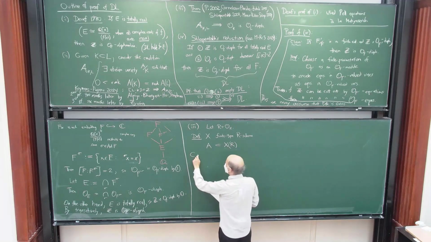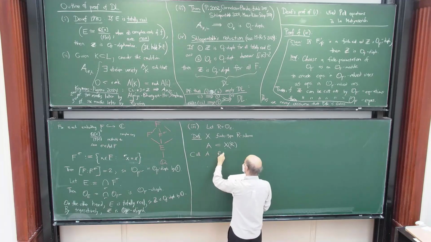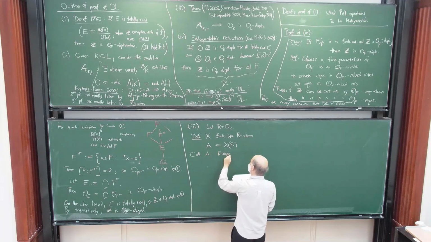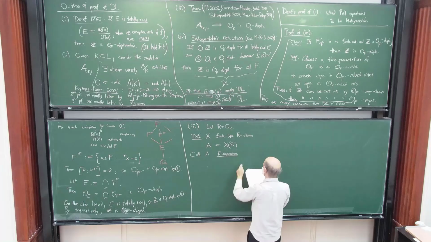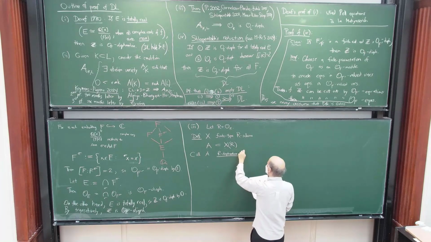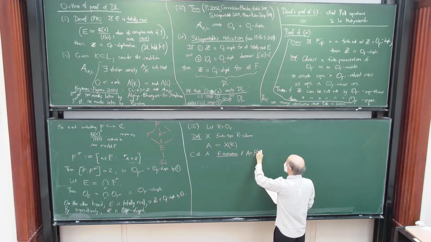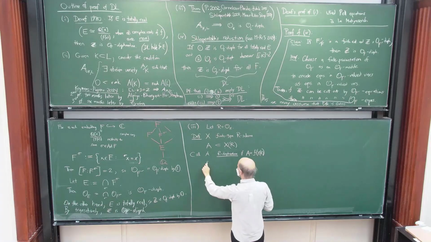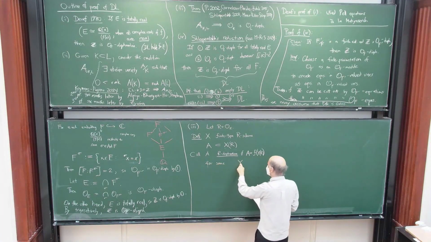The definition I want to make is that A is R-Diophantine if A arises as the image of the R points coming from some other finite type R scheme that's mapping down to X.